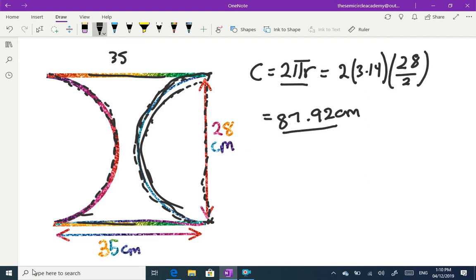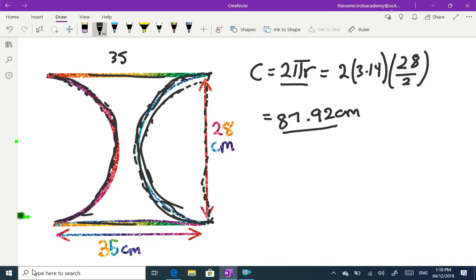So that circumference, this 87.92, is the actual circumference of the full circle, which is this distance plus this distance. So these two distances added together give me 87.92. So now if I want to find the full perimeter, I have to add the 87.92, which is basically the distance of this side and this side, which form the full circle.